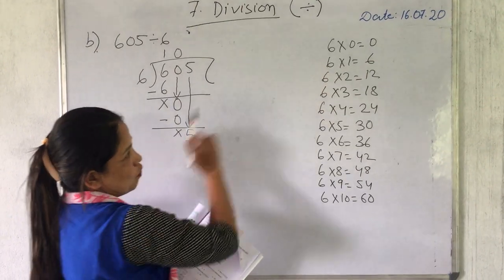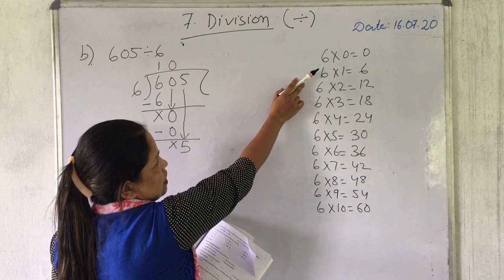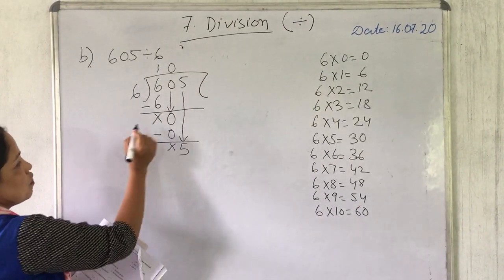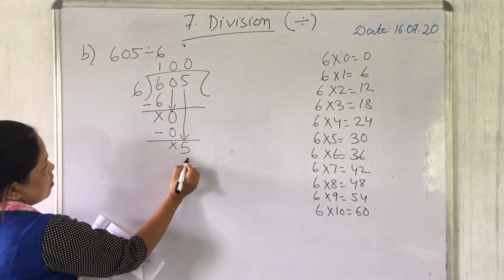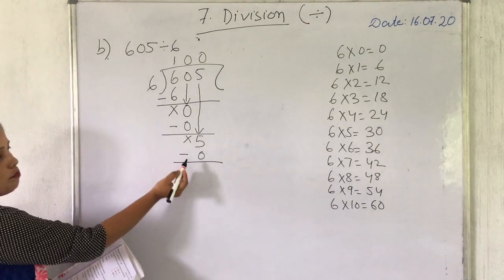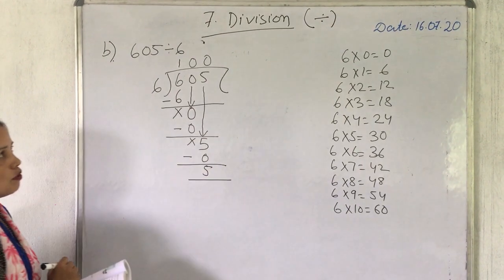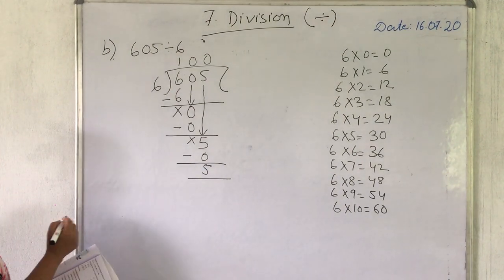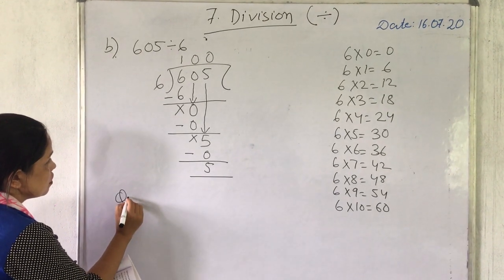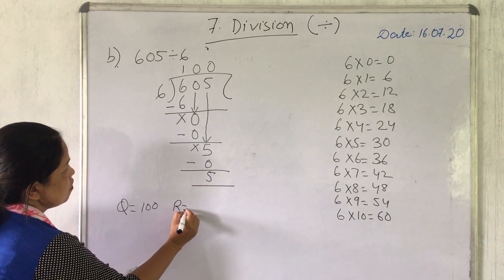Is there any 5? No. So you have to write the number which is less than 5 in the 6 table. That is 0. Isn't it? So 6 zeros are 0. Now subtract it again. So 5 minus 0 is 5. Okay children? So here quotient equals 100 and remainder equals 5.